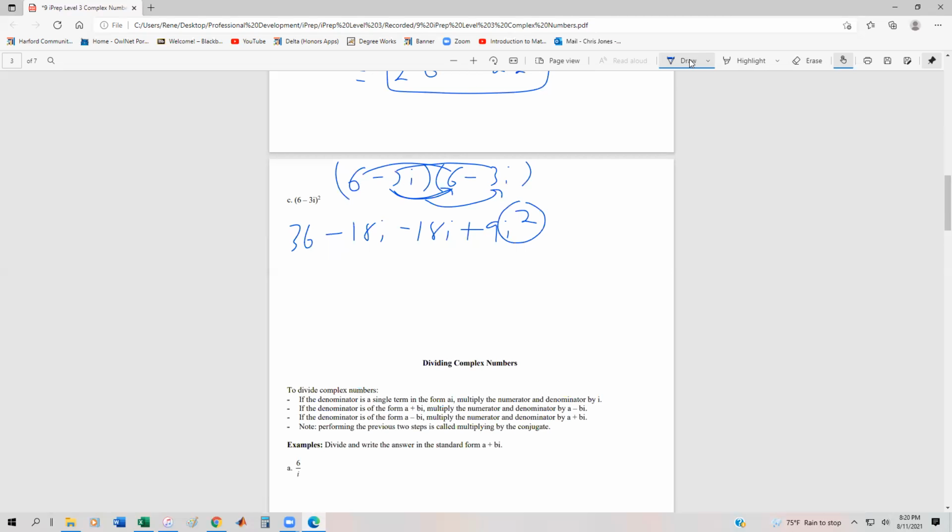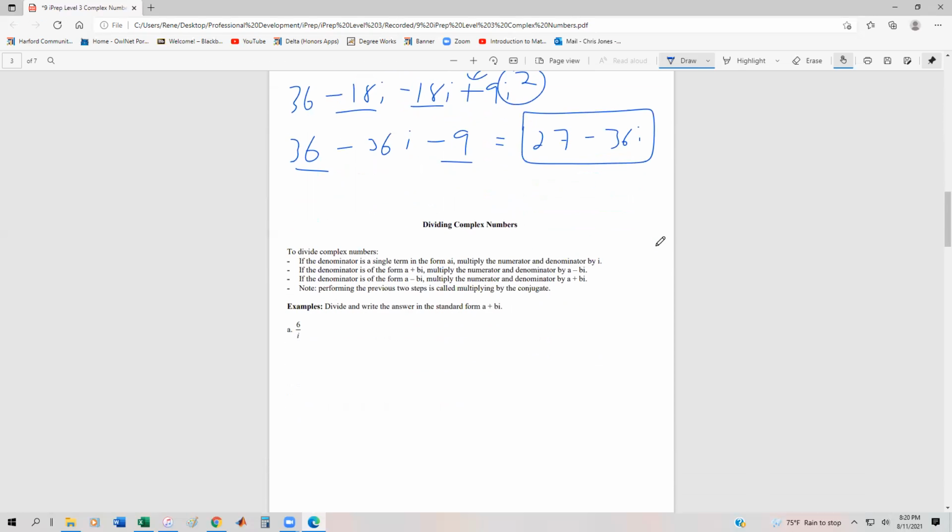Basically, what we've seen is that i squared just changes the sign in front of the real coefficient. So another way we could write this is 36 minus 36i minus 9. And then finally, we can combine the constants together. And so we're going to wind up with 27 minus 36i.